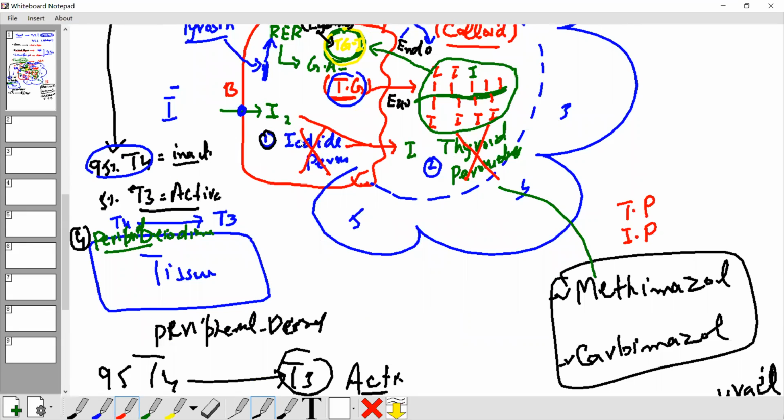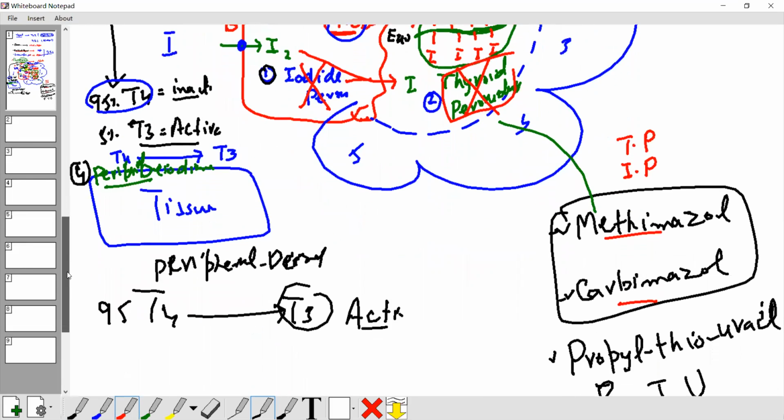One is for conversion of iodide to iodine, and the other, thyroid peroxidase, is for the iodination of thyroglobulin, the main production of thyroid hormone. So these two drugs block these two enzymes, understand?